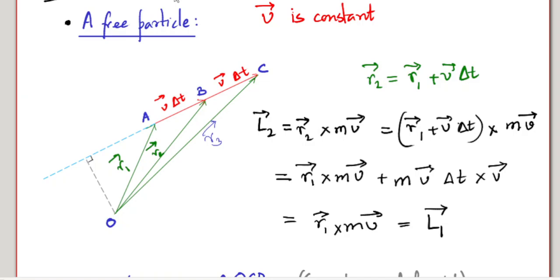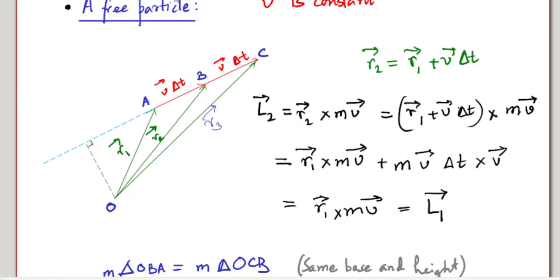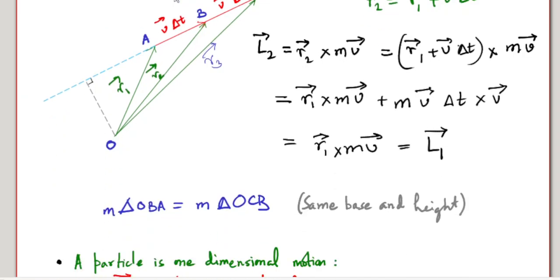AB is the same as BC, and if you drop a perpendicular from O onto the straight line, that gives a common height to both of these triangles. So both of these triangles are the same height, namely this much, and equal bases. Therefore, both of these triangles have the same area, and that's of course what is related to the angular momentum of the particle at A and B.